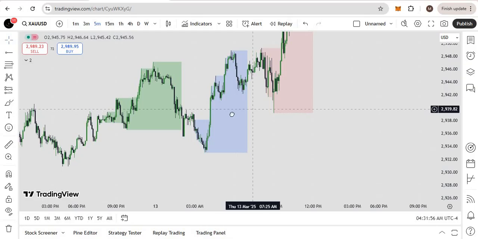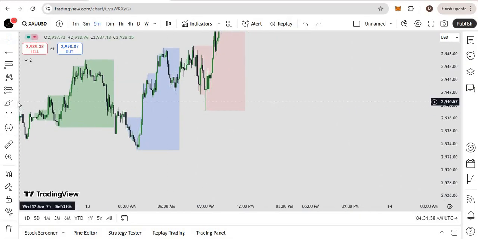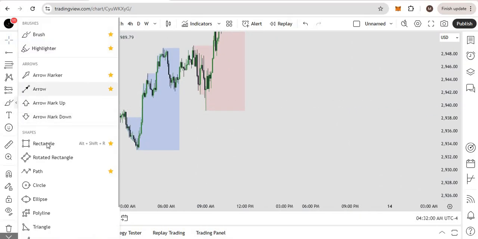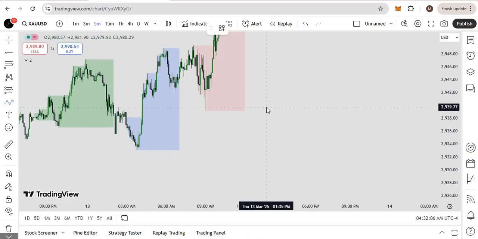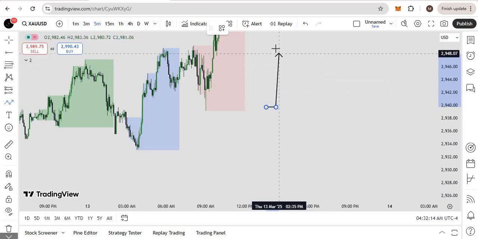Some day when you don't see this, one day you will see the price did not make manipulation and went directly to the distribution.